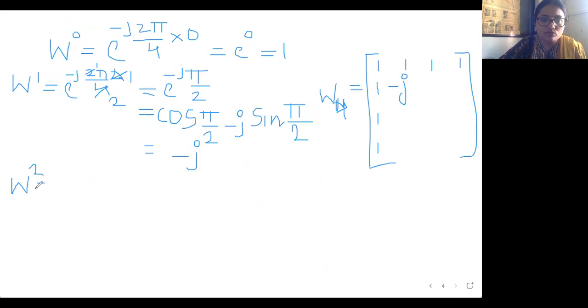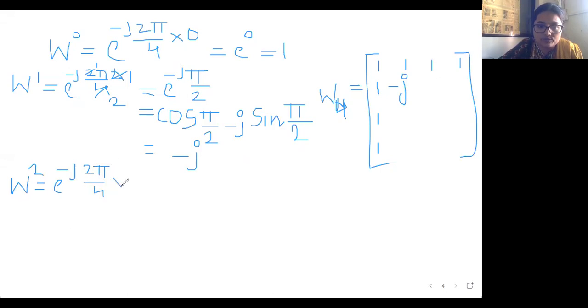How do you write W raised to 2? We have to put in the value of W. So what is the value of W? e raised to minus j 2 pi by 4, into 2.